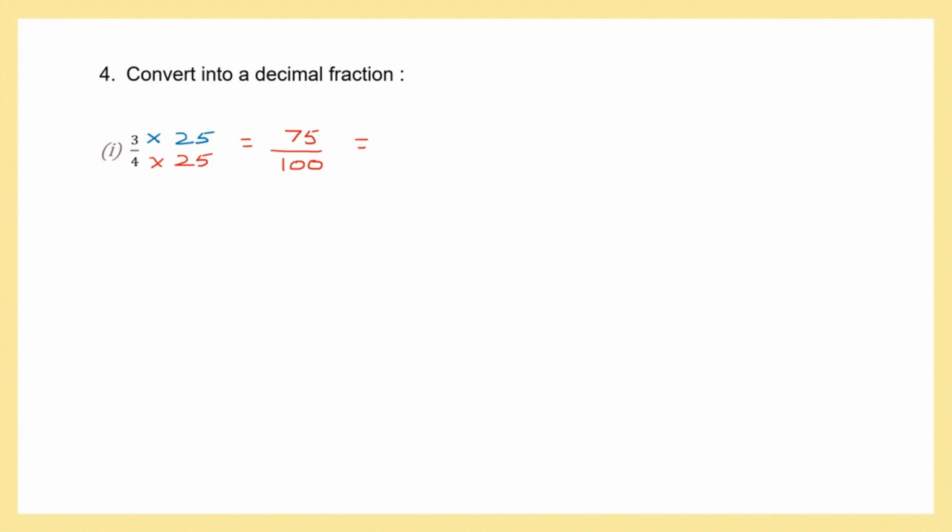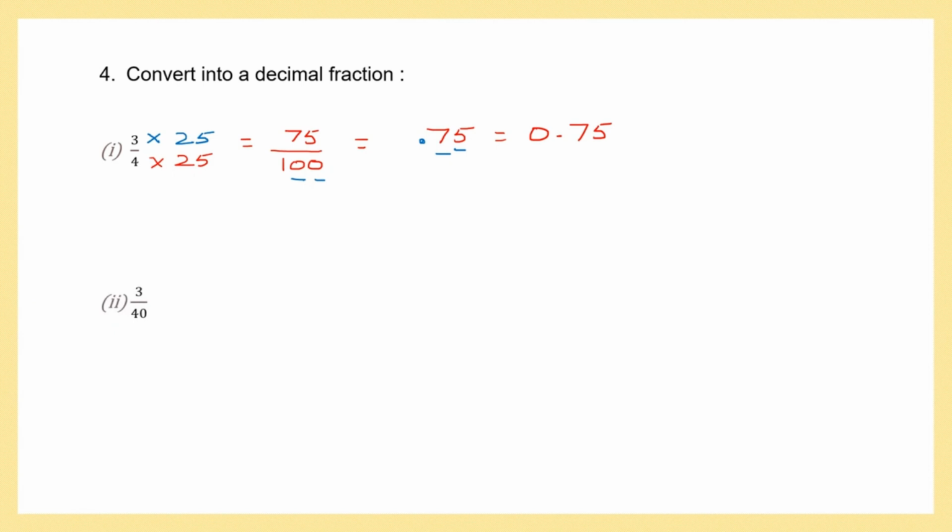So let's take the numerator and write it as a decimal fraction. Now I'm not putting a point, so it's a whole number now. Let me look at the denominator. There are 2 zeros. So my point moves 2 places to the left and comes there. So my final answer is 0.75.